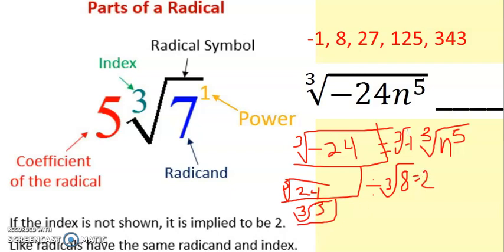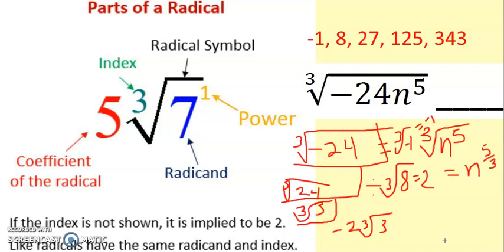Cube root of 8 is 2. The cube root of negative 1 is negative 1. And this is our leftover. We have negative 2 cube root of 3. Now let's find the part with the variable. The cube root of n to the 5th can be rewritten as n to the 5/3 power.